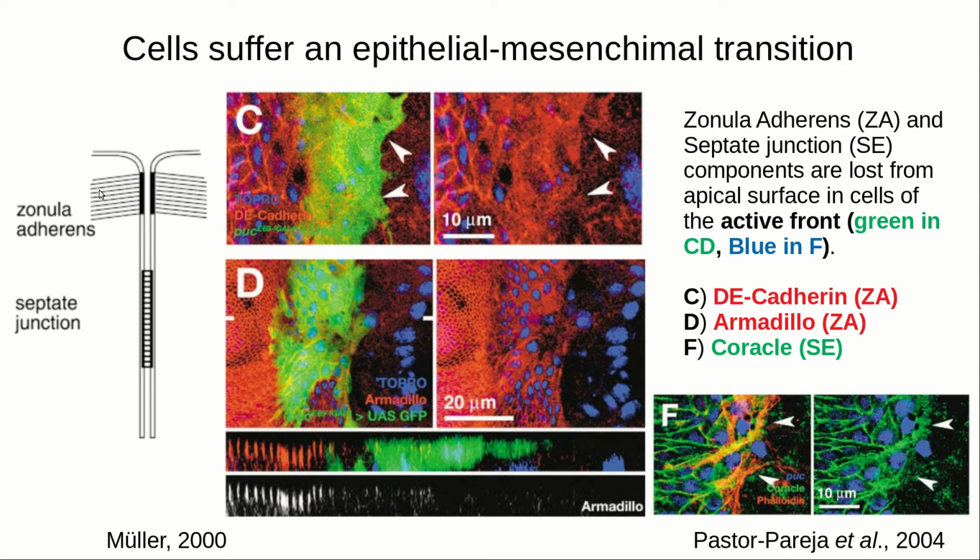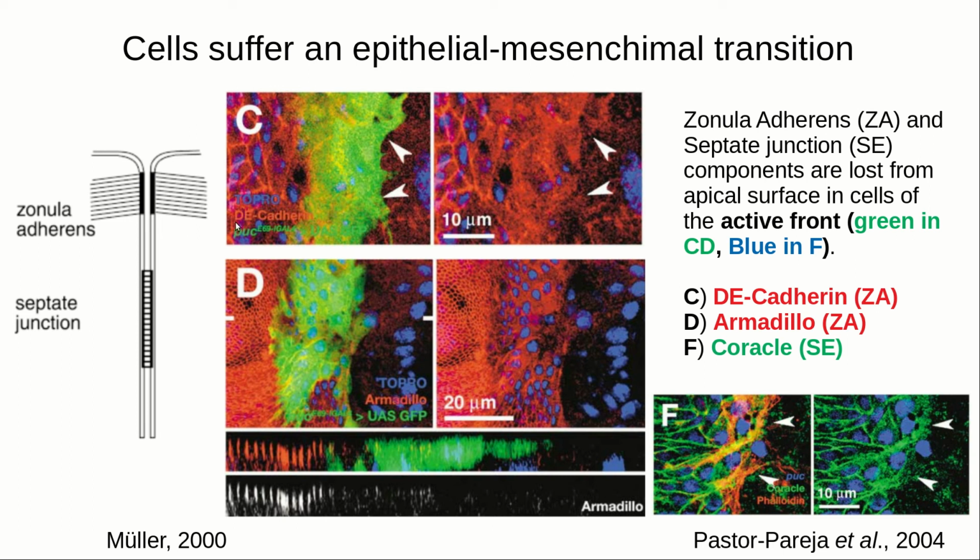Zonula adherens are in the apical part, and they also have a signaling function, and septate junctions are in the more lateral part, and they prevent solutes or ions from moving from the apical to the basal side, and vice versa.